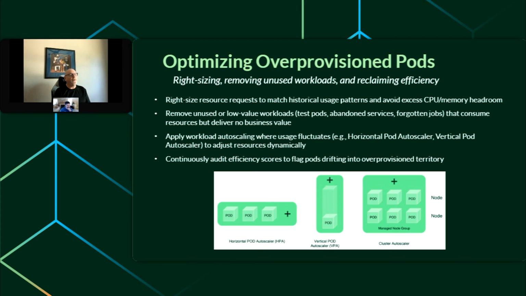What the HPA does is, as that workload scales up, add additional pods into the mix to account for that workload. The vertical pod autoscaler is another tool at your disposal. That one reallocates resources to a pod so it can increase the resources available to that pod. And finally, we've got the cluster autoscaler, which will add nodes to the cluster as those workloads scale up. So those are tools in the toolbox.